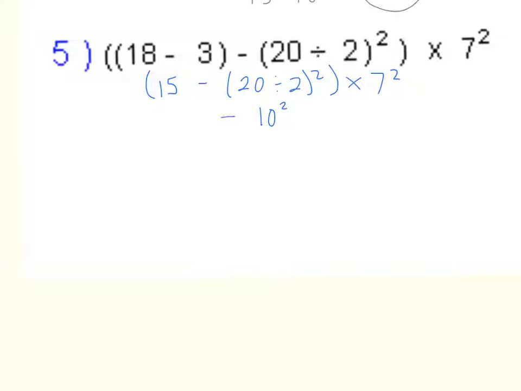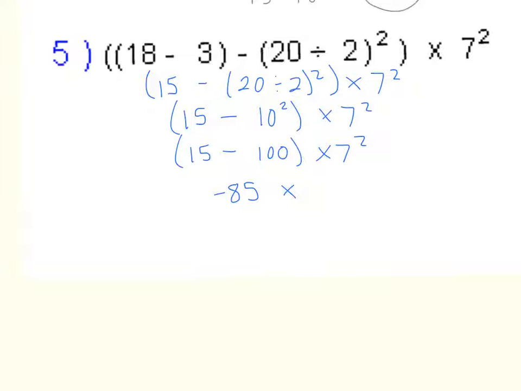And that squared is going to come down, times 7 squared. 10 squared is 100. 15 minus 100 times 7 squared. 15 minus 100 is going to be negative 85 times 7 squared. Well, 7 squared is 49. So we have negative 85 times 49, and that's going to give us a final answer of negative 4,165.